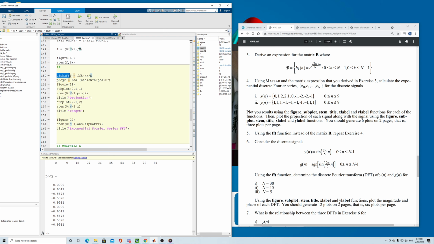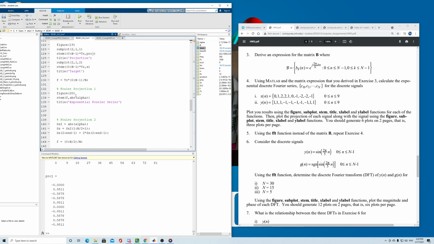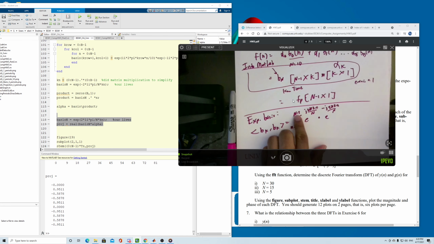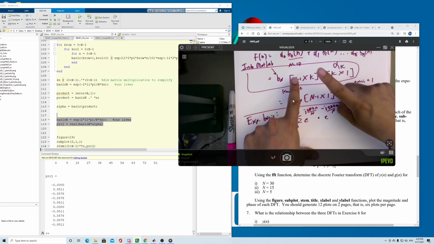And then once you get the alphas, I did this because they kept doing the, actually I'll show you. So here's our bases. So remember that bases thing we created right here, which is this right here.